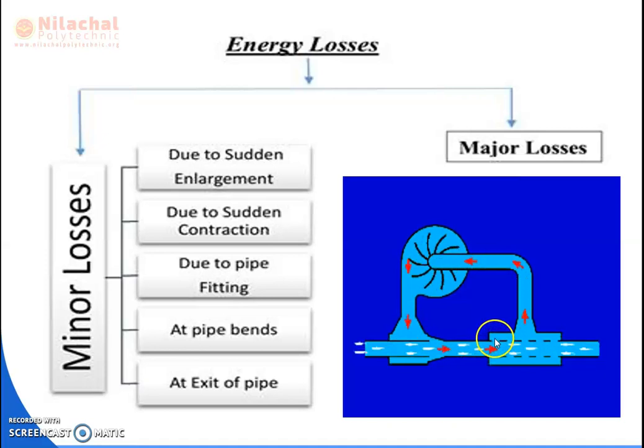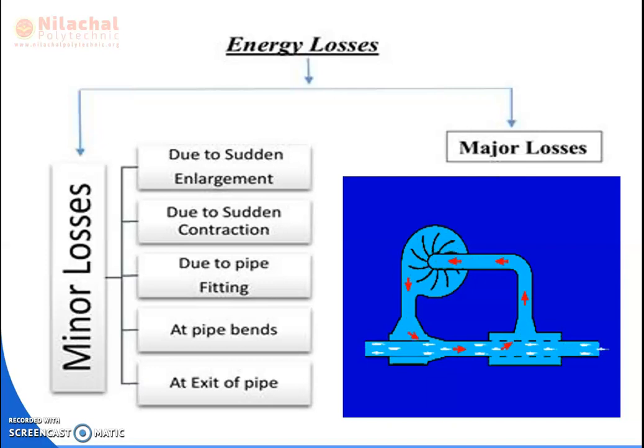Suddenly the diameter of the pipe increases, and thereby a drop of velocity energy takes place, but the pressure energy increases. If we calculate this loss of energy per unit weight of the liquid, then it is known as loss of head.